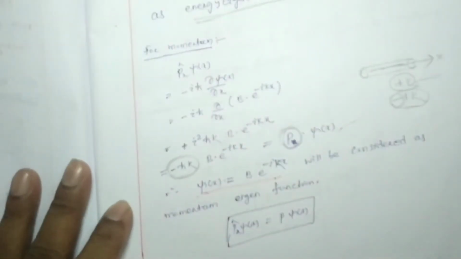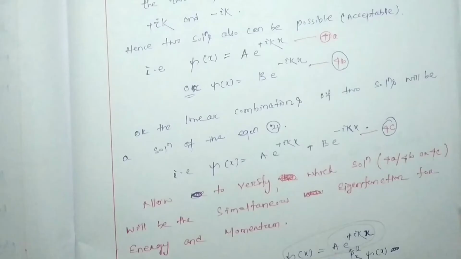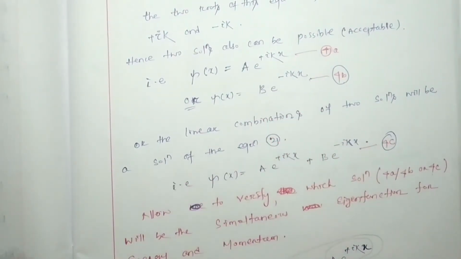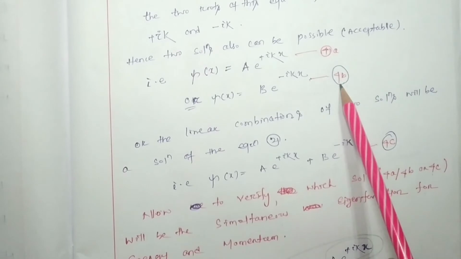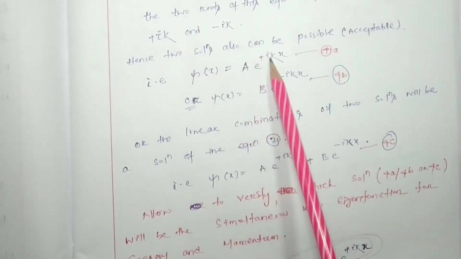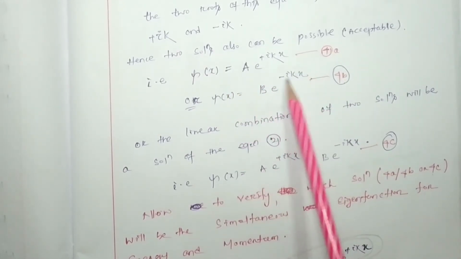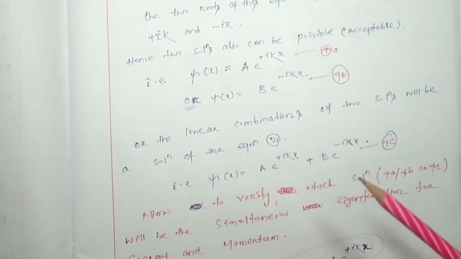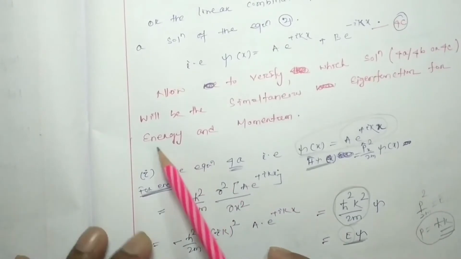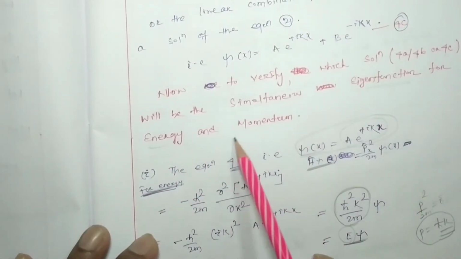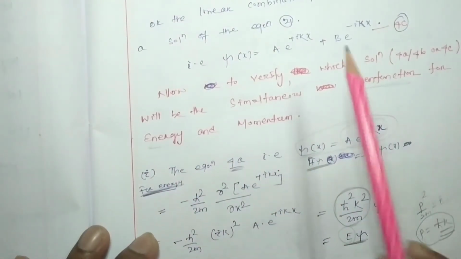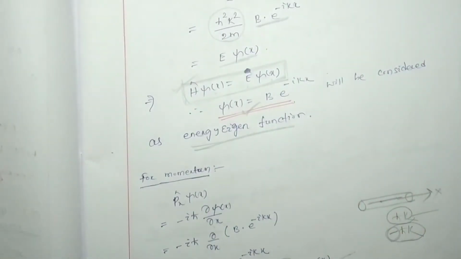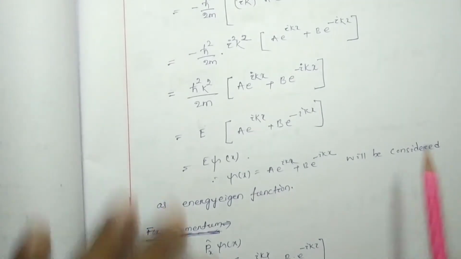So we found that both equations 4a and 4b, that means a e to the plus ikx and b e to the minus ikx, are considered as energy eigenfunction and momentum eigenfunction. Now we have to check this one and see what result we get.